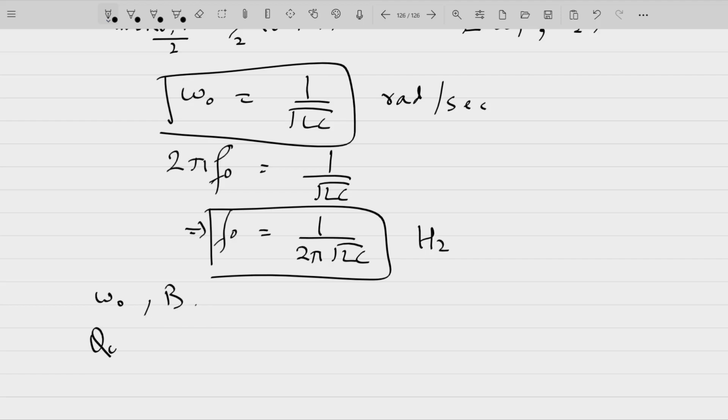There is another factor that we need to define for a resonant frequency, and that is known as quality factor. It is denoted by Q. Do not confuse it with the reactive power of a system.